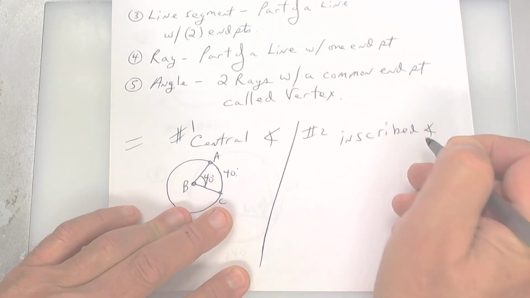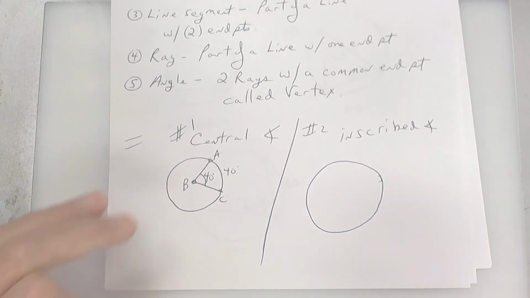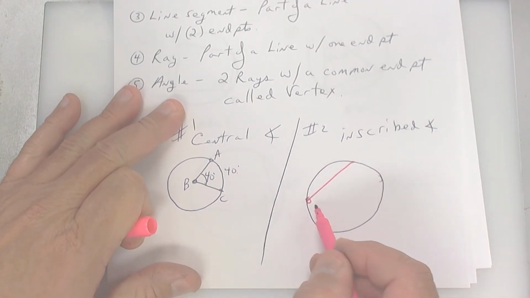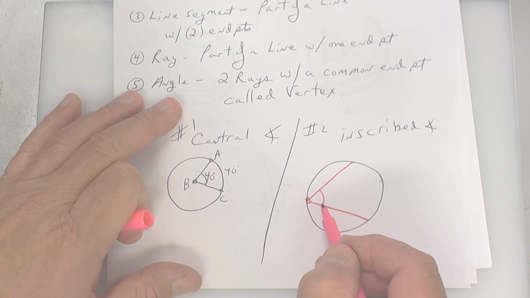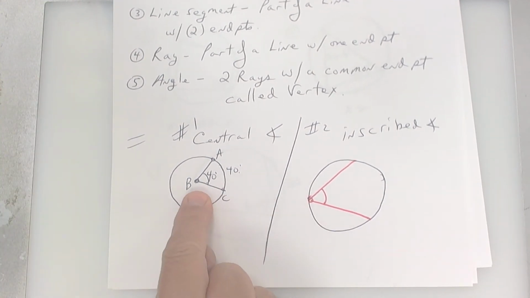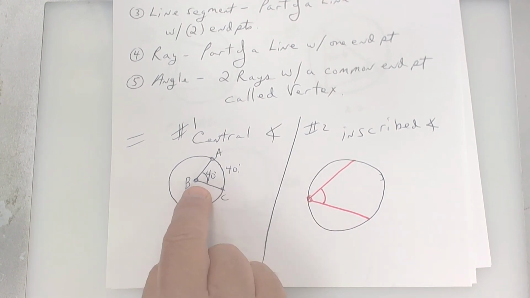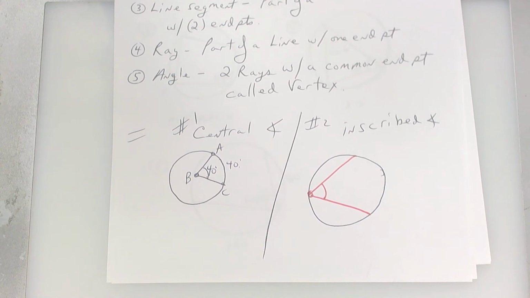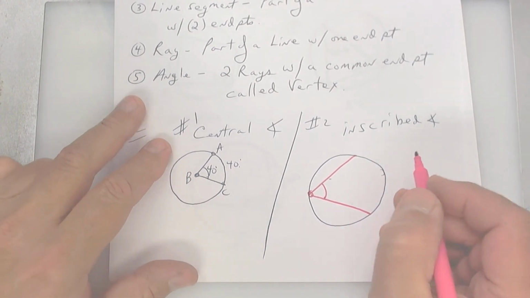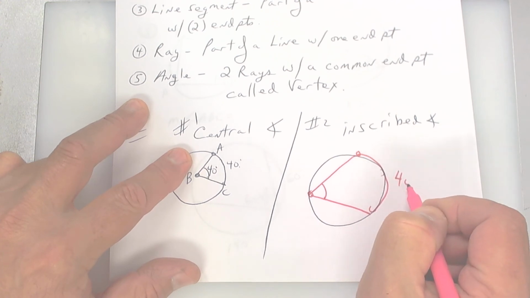An inscribed angle is where the vertex of the angle is on the circle. So here, this one is called an inscribed angle because the vertex is not the center, but it's on the circle. If it was the center, it'd be called a central angle, and they're the same. This one, however, is half. So let's say this arc from here to here is 40 degrees.